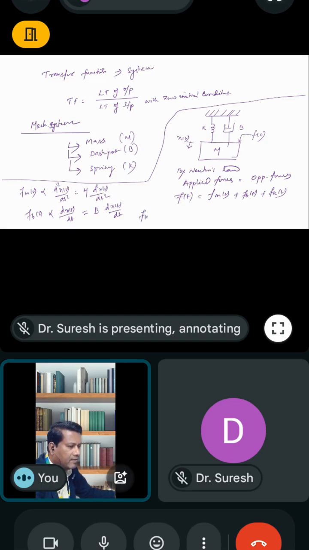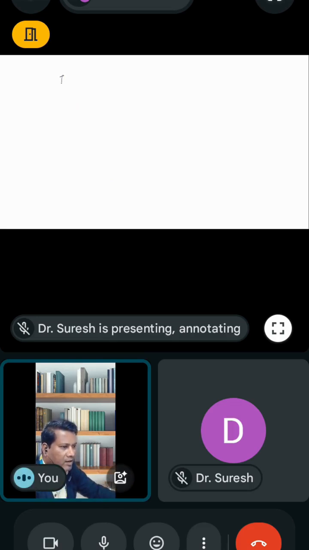In the spring, it is directly proportional to displacement, so we can write k x of t. Now substitute the values in equation 1. Equation 1 is F of t equal to Fm of t plus Fb of t plus Fk of t. Substituting the values: m d square x of t by dt square, plus b dx of t by dt, plus k x of t.